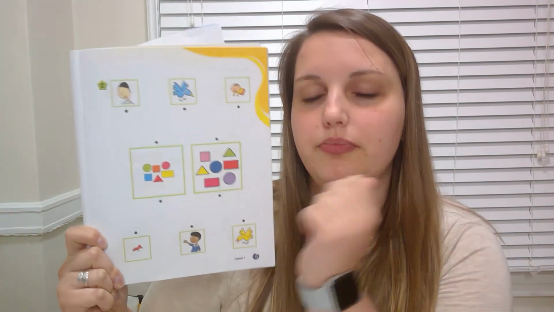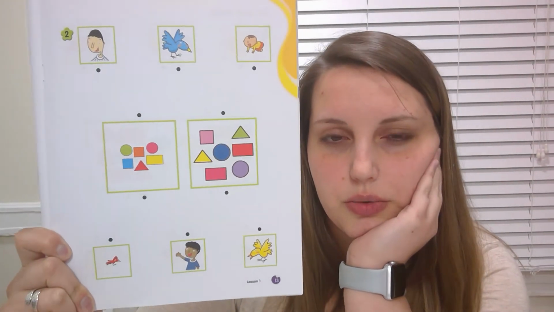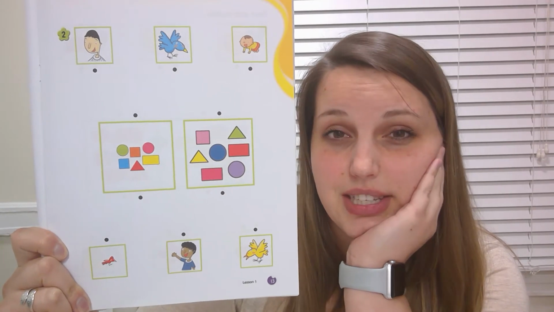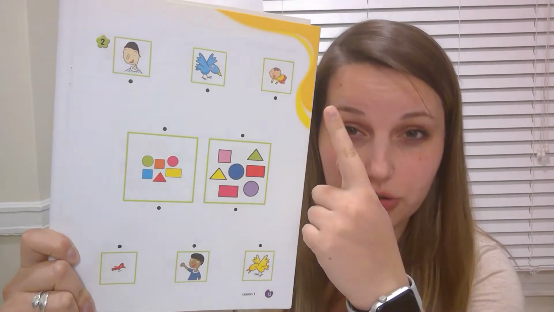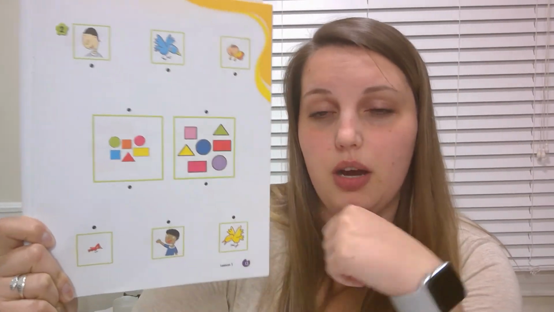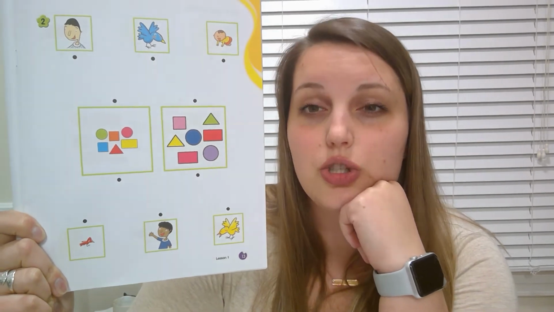What are the differences between these two? We need to have something that's different so that we can draw a line from the objects in the littler boxes to sort them into these boxes. What are we noticing that's different? Tell me, what are we noticing?